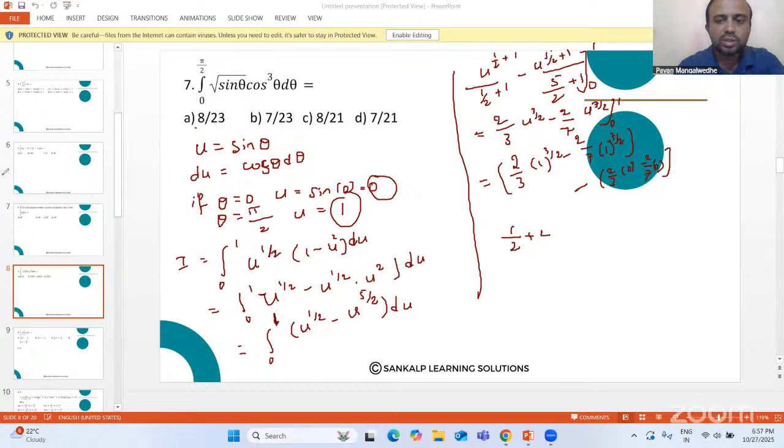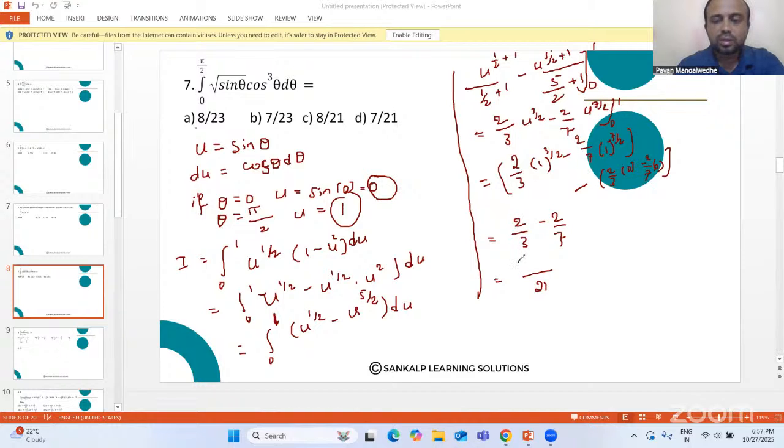So try to solve this. We'll come to know it is 2 by 3 minus 2 by 7. The common denominator is 21, 3 times 7 is 21.